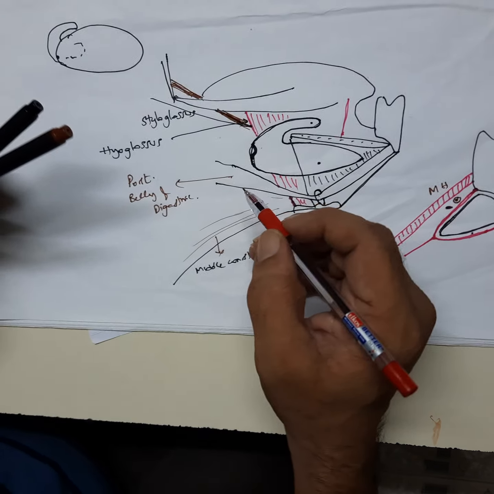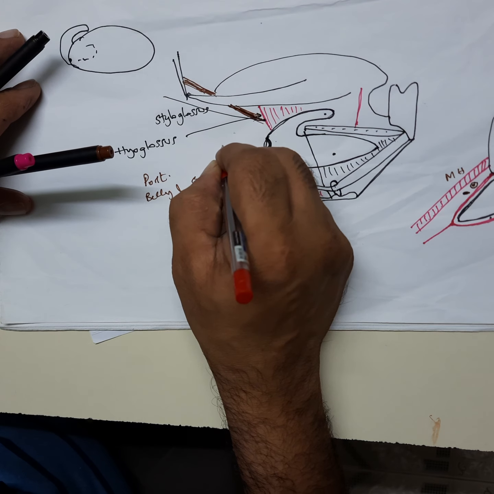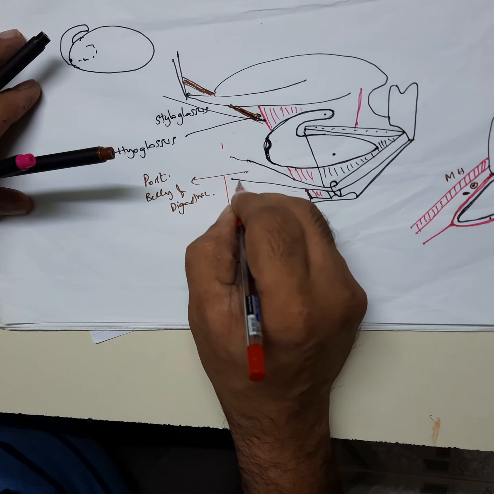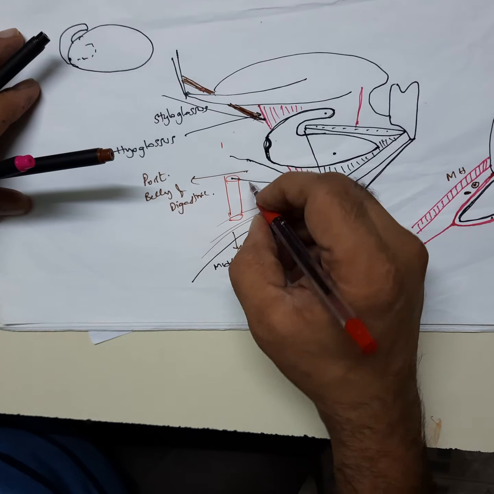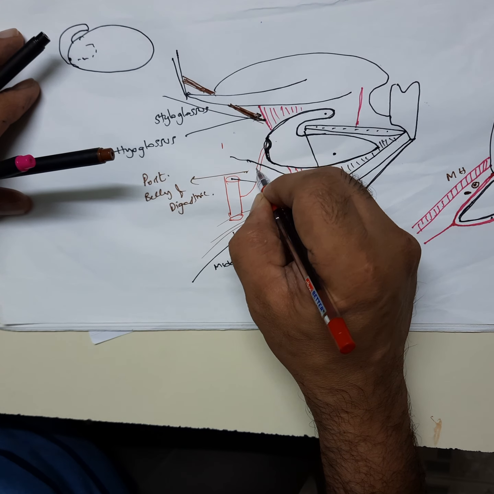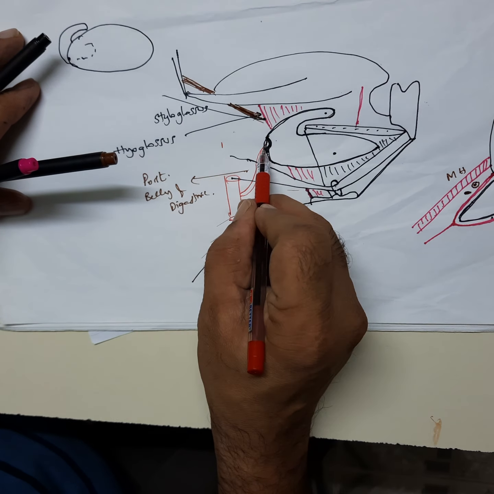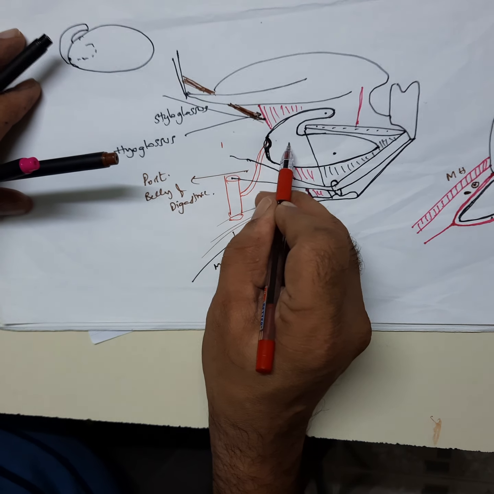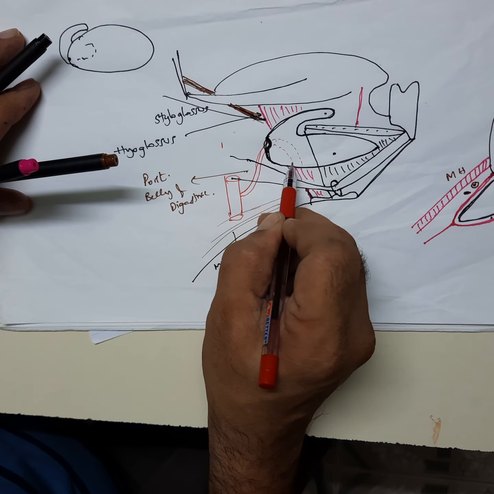So, here you can see the facial artery, which is emerging somewhere here from the external carotid artery. From there it reaches the posterior end of this gland, where it passes through the groove. Then it climbs up and turns down onto its lateral surface.